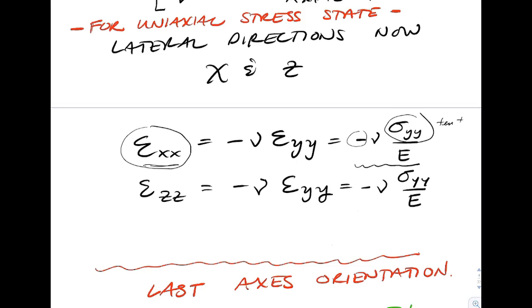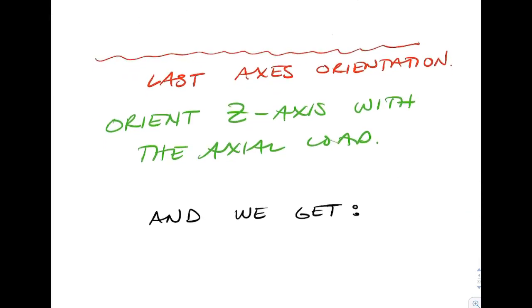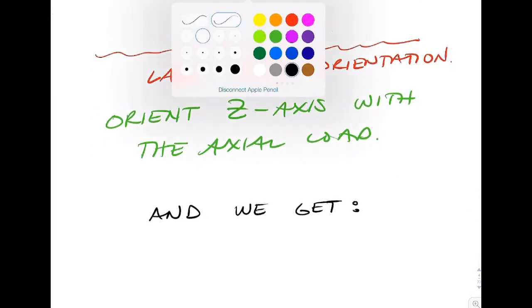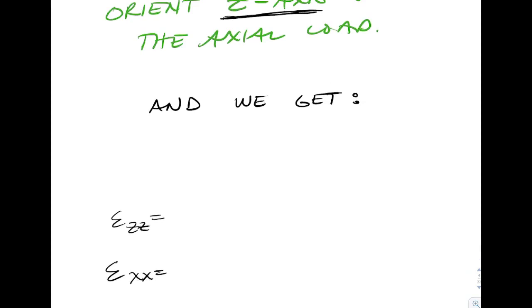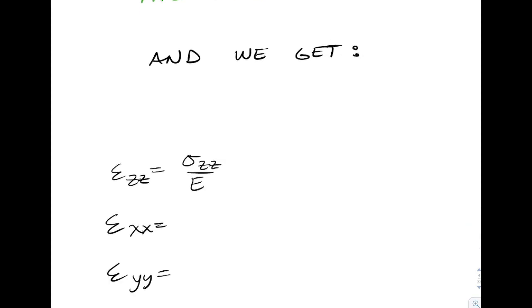a positive sigma YY. And so we would just shuffle our axes and put the Z axis along the length of the member, therefore having a sigma ZZ. And we'd end up with strain in the Z direction now would be the direct strain because we've got sigma ZZ applied.